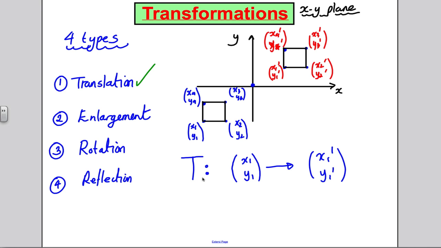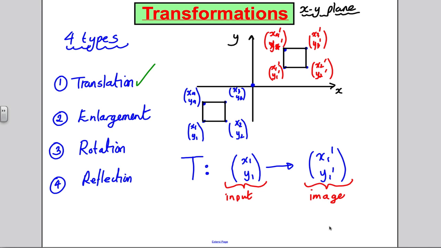So this particular transformation, a translation, is a rule that maps each point to some new point in the plane. And I could say the same for x2, y2, etc. Now, the position vectors I put in are called the input. And what I get out after I've applied the transformation to the input is called the image.